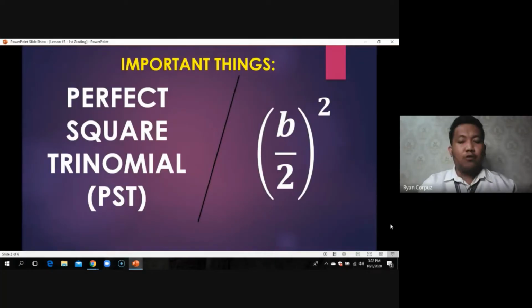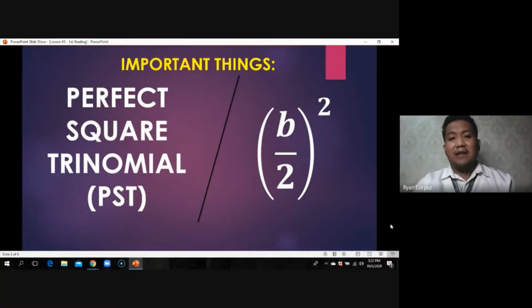Later on, through examples, we'll find out kung paano ba natin kinukuha yung number na yan that will make us form perfect square trinomial. So for now, let us remember that the expression b over 2 quantity squared is important also in solving quadratic equation by completing the square.